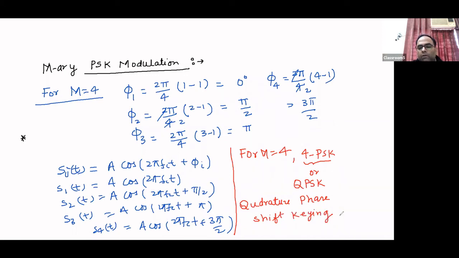This is a very popular name, QPSK. In many applications, we are using QPSK modulation. So this is a very important one, quadrature phase shift keying modulation.